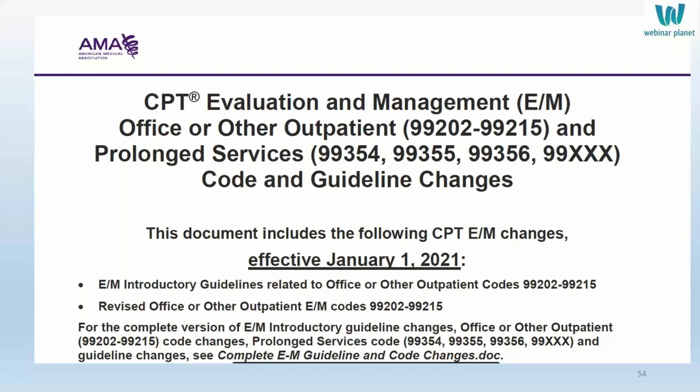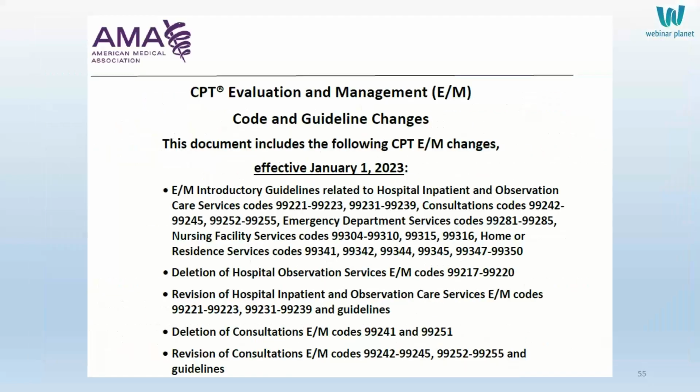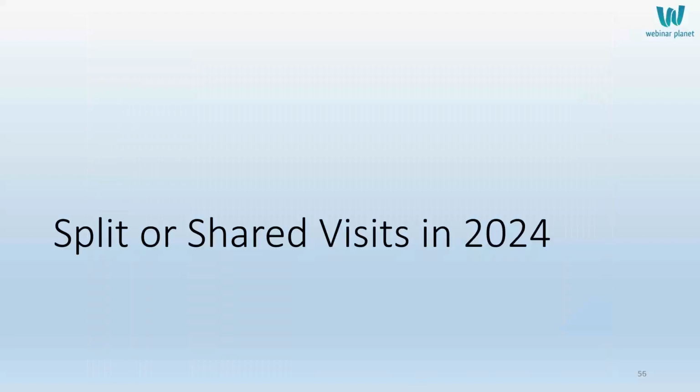Now, I've mentioned the changes that we saw in 2021 to outpatient office and other outpatient services, and then the changes in 2023 to all the rest of the E&M services. One of the things that we saw in this original document was working with the definition of split shared.